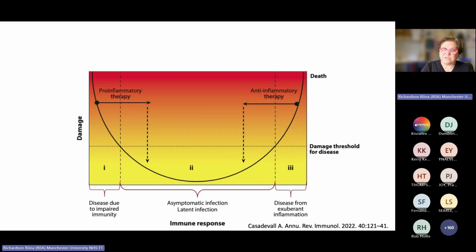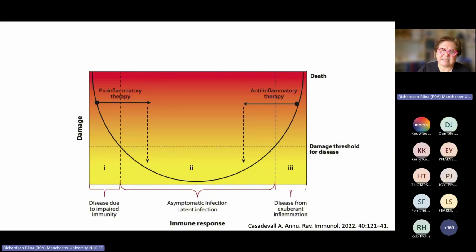Now, going to the other side, we often think that the stronger the better, but that is not the case, because the immune system itself starts to turn against the host. So if you are overreacting to the presence of the fungi, the stronger your immune system is, the curve goes up again, and there's again more damage, which can lead to even death via exuberant inflammation.